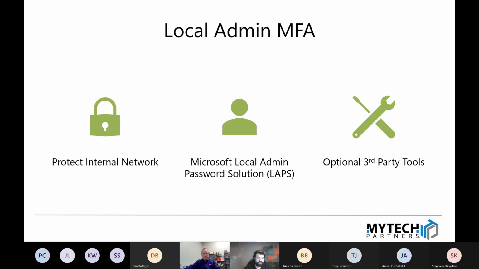And so it's really designed to protect the internal network from inside the network. So Microsoft has a solution called LAPS, or Microsoft Local Admin Password Solution. What this does is it creates a local admin on each PC, and it rotates the password. So if you set it to every 24 hours, every 6 hours, every 12 hours, whatever your time frame is, it rotates that password.